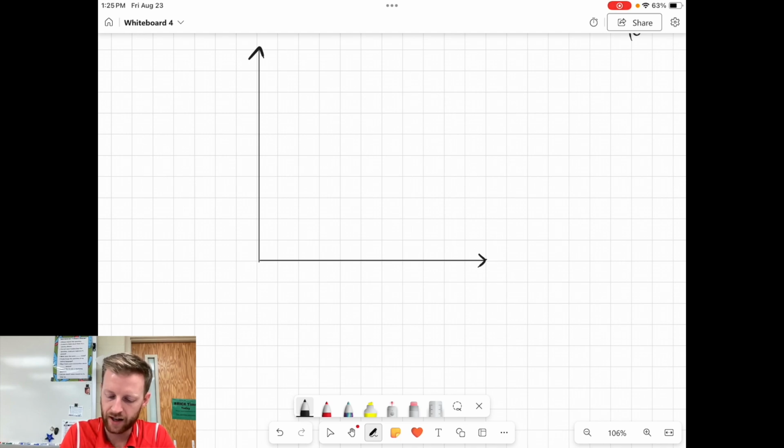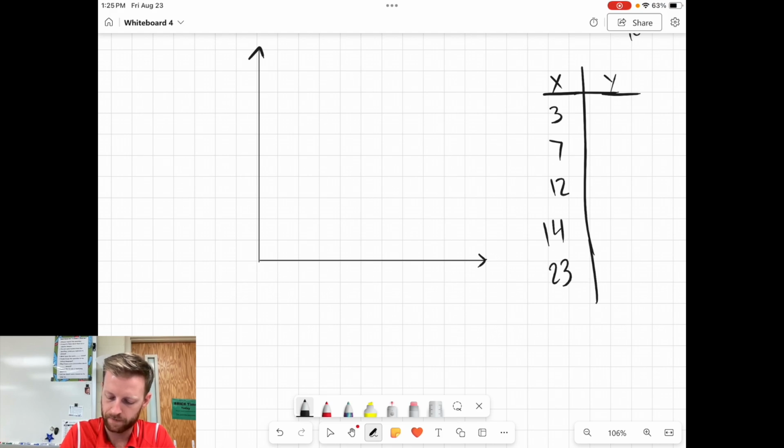And instead, we're going to have some more seemingly random data here, where on the x-axis, we're going to have 3, 7, 12, 14, and 23. And on the y-axis, we're going to have 100, then we'll have 72, 43, 23, 9.